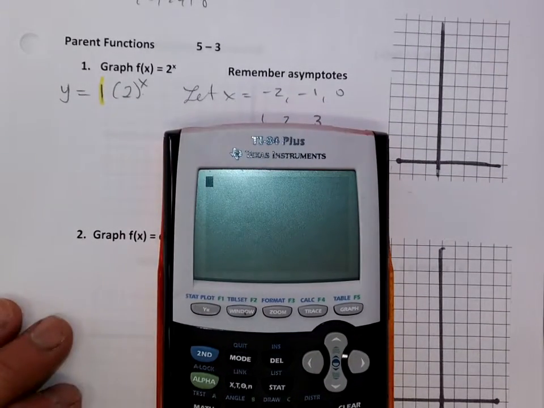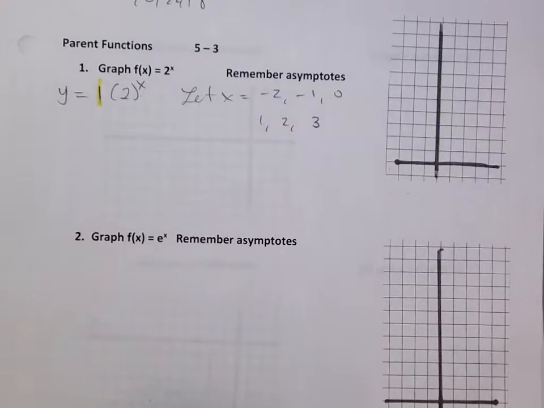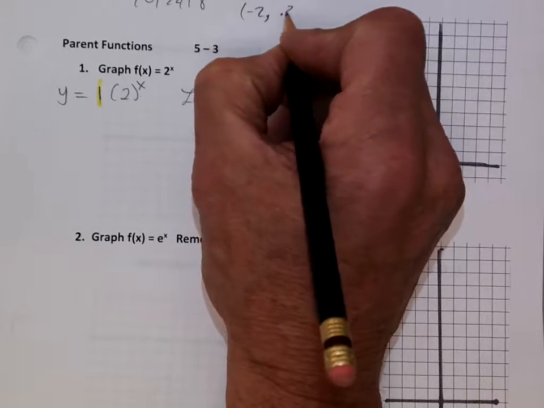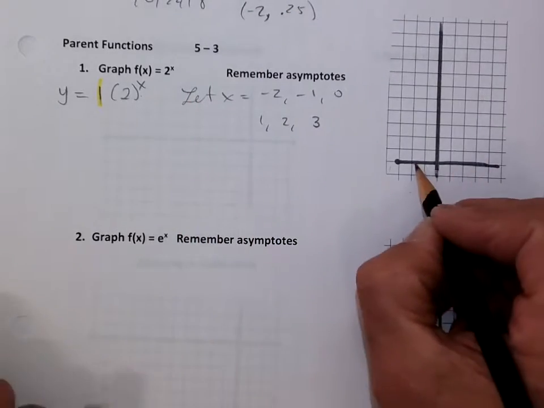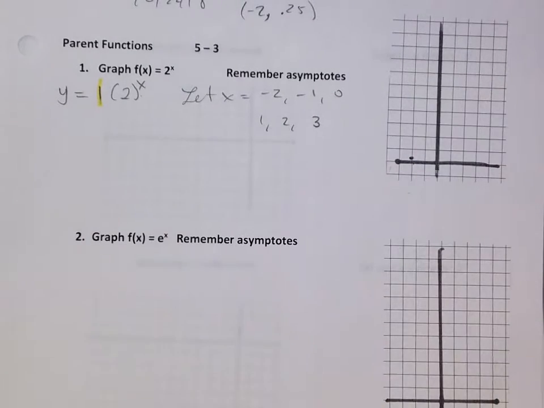So I'm going to go 1 times 2 to the -2 power, and I get 0.25. Graphing-wise, as far as a t-table, I'm going to have a point at -2, 0.25. That's pretty small, but I'm just going to estimate it there.